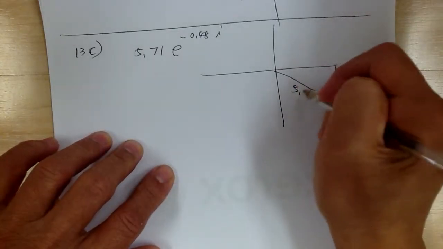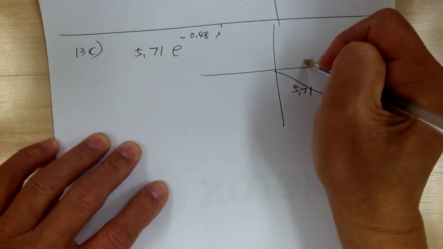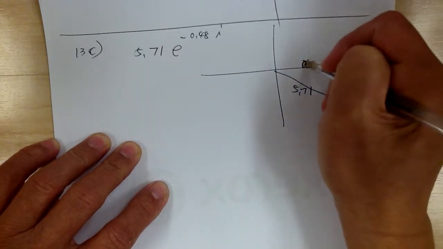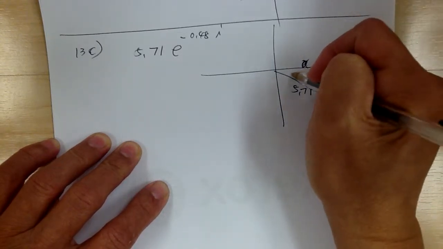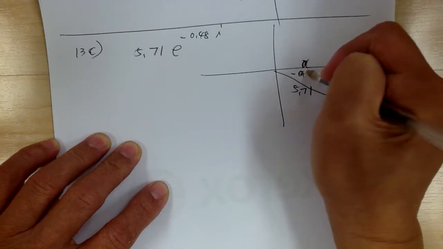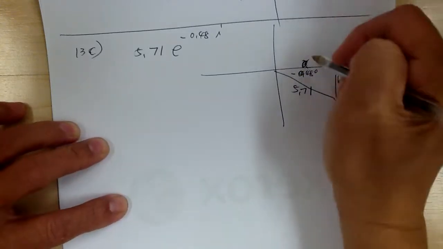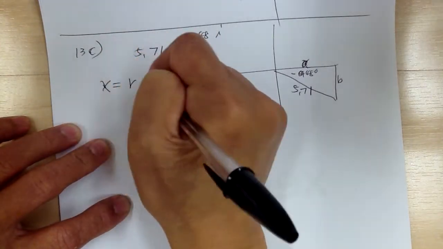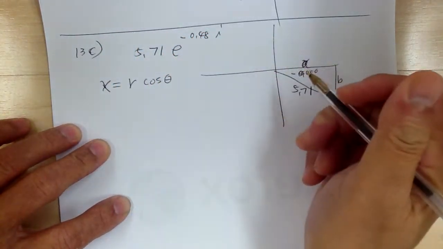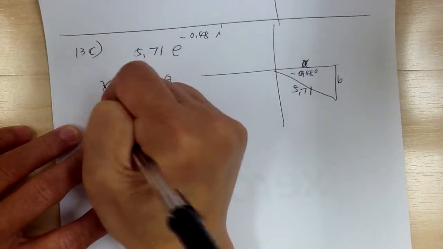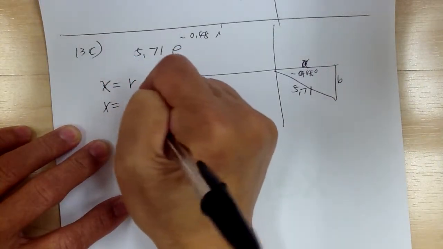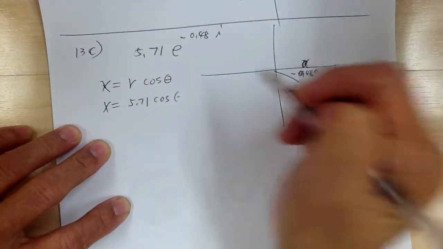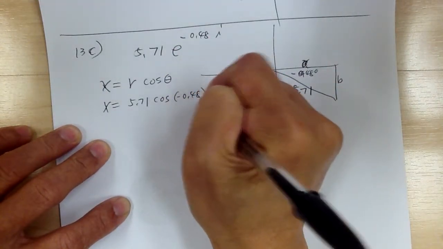And this is 5.71. So here's your a and here's your b, the real and imaginary. So here's your negative 0.48 radian. So you can do it: x equal to r cosine theta. So the x is going to be equal to 5.71 cosine of negative 0.48 radian.